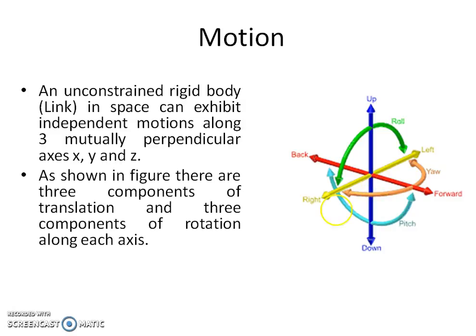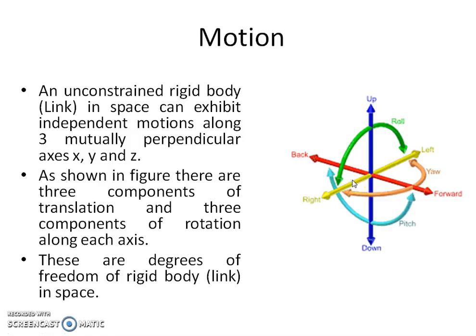As shown in the figure, there are three translatory motions along the three perpendicular axes x, y and z, while there is rotary motion about each of those axes. These different motions about the three mutually perpendicular axes are called the degrees of freedom of a rigid body in space.